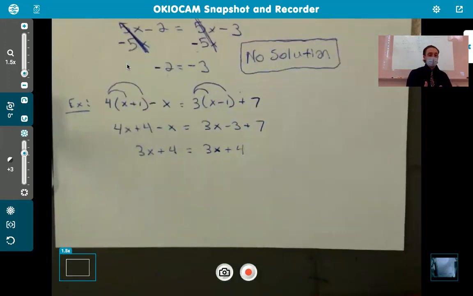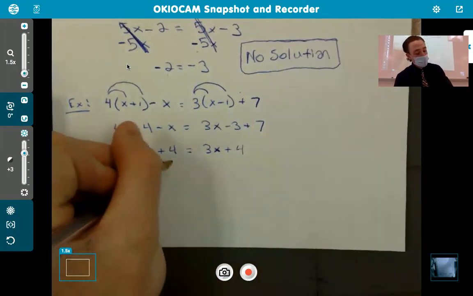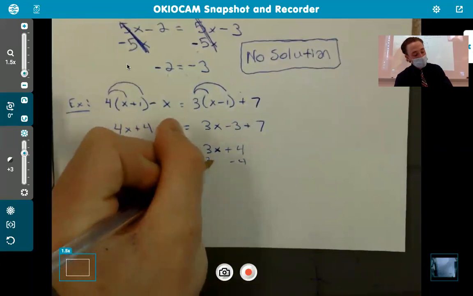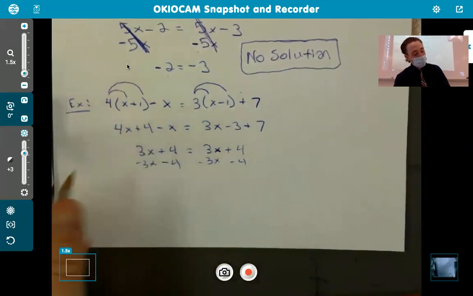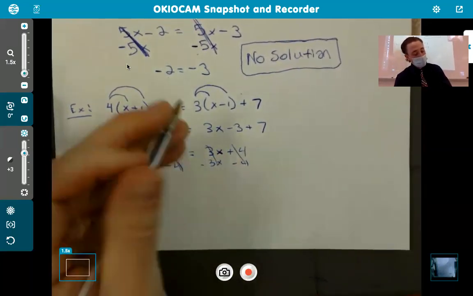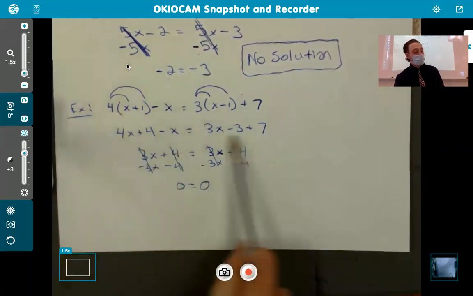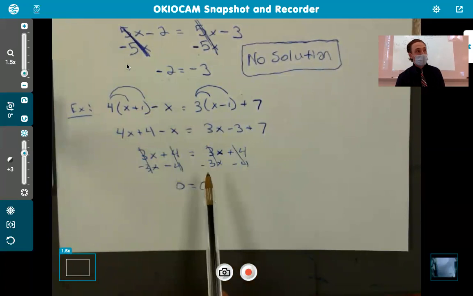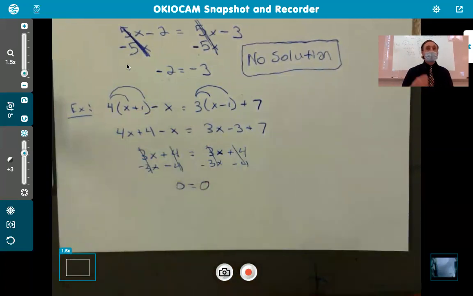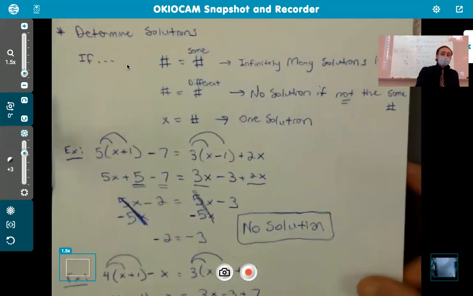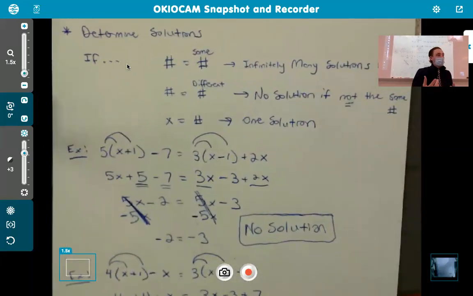If I were to simplify this and we're trying to get variables to one side, constant terms to the other, notice what happens on both sides. All of these things are going to cancel. I'm left with 0 equals 0. Well, is that the same number on both sides? Just like I had the same expression on both sides. Does that make sense? When you have the same thing on both sides, you have what's called infinitely many solutions, right?